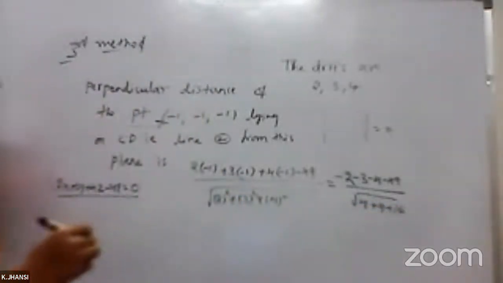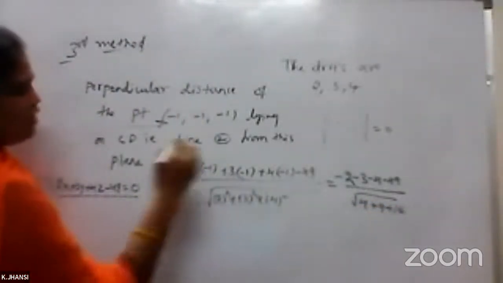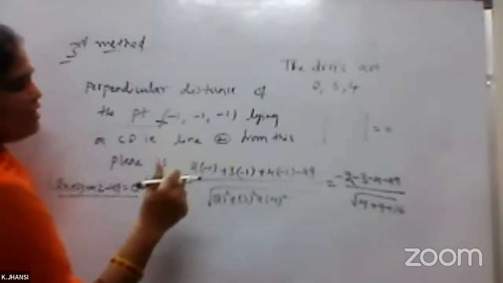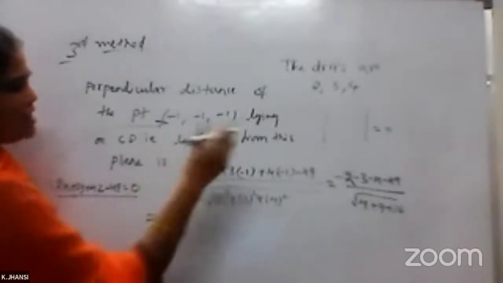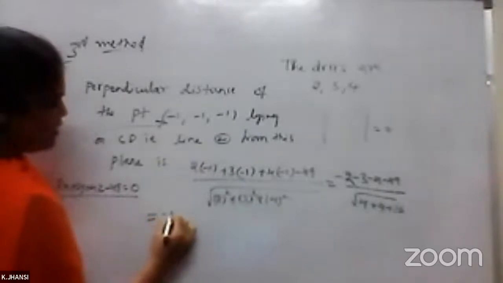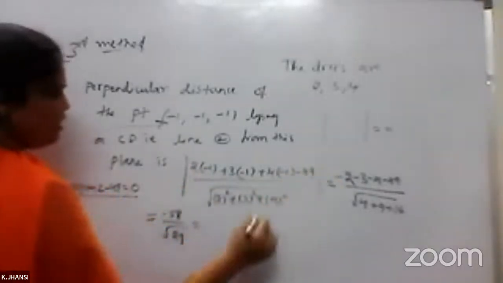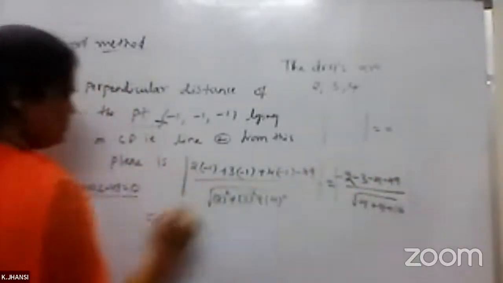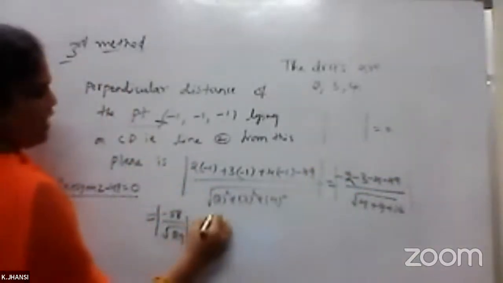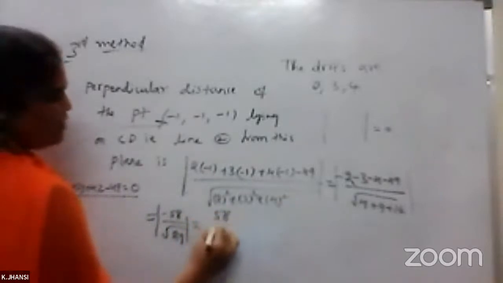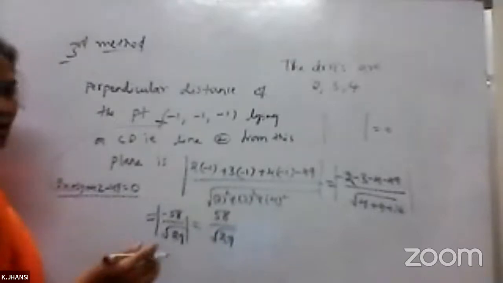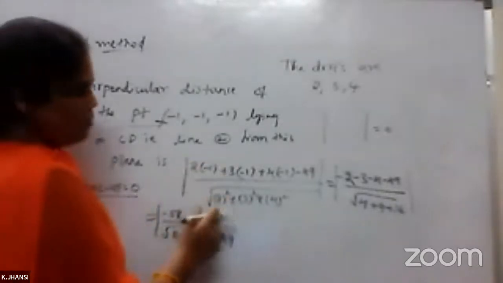So in the numerator, 49, 50, 51, 7 means 58. So minus 58 by root 29. Okay. If you take this as a mod, the negative value will go to the positive one, 58 by root 29. A distance will never be a negative value. Okay, so you take the positive one.